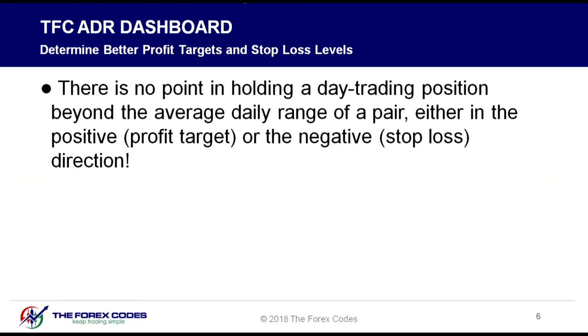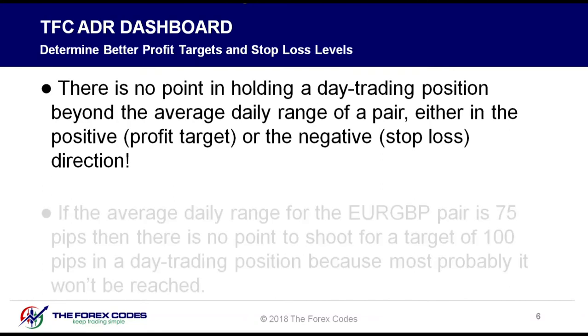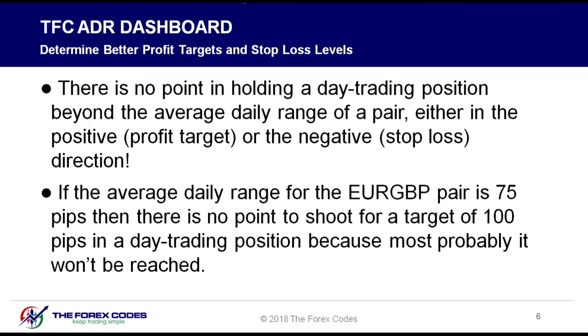There's no point holding a day trading position beyond the average daily range of a pair, either in the positive profit target or in the negative stop loss direction. I think that's pretty clear. And if the average daily range for the euro pound, for example, is 75 pips, then there's no point to shoot for a target of 100.